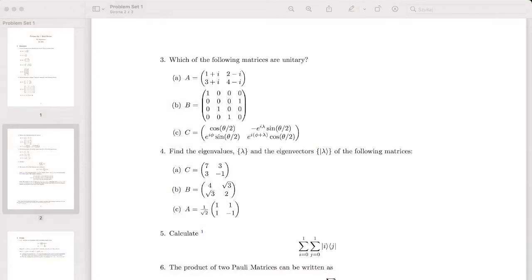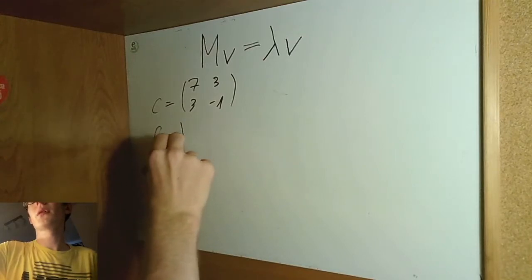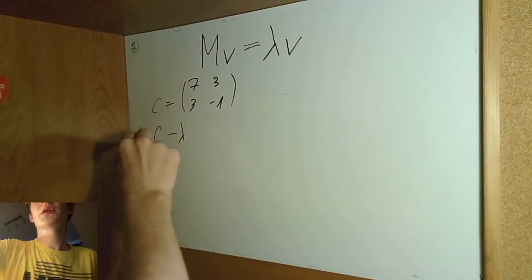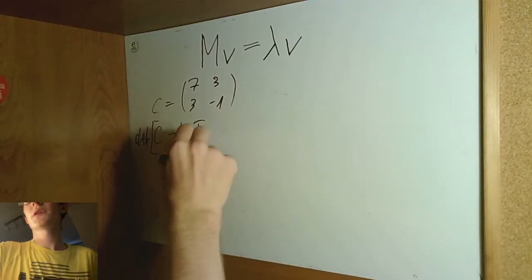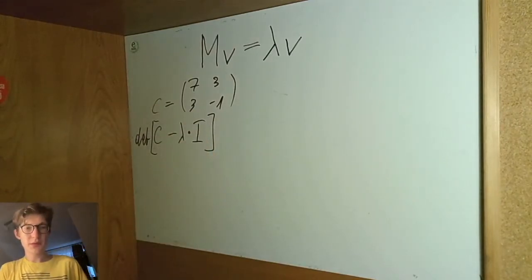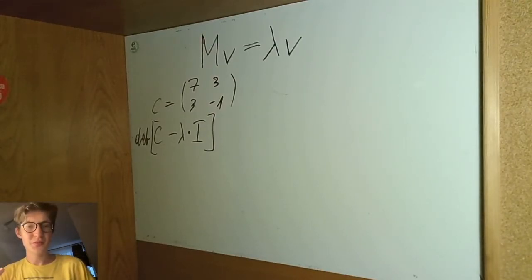So the first one, C, is 7, 3, 3, and minus 1. And to find eigenvalues, we want to find the determinant of the matrix C minus lambda times the unit matrix.